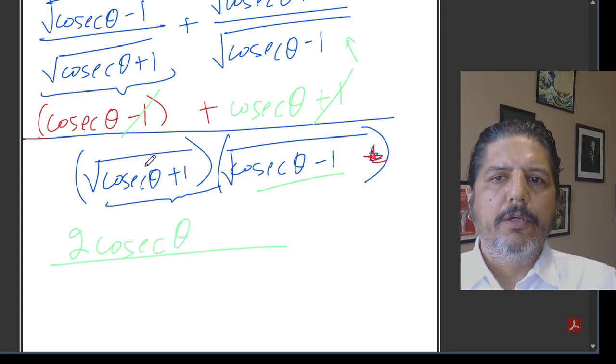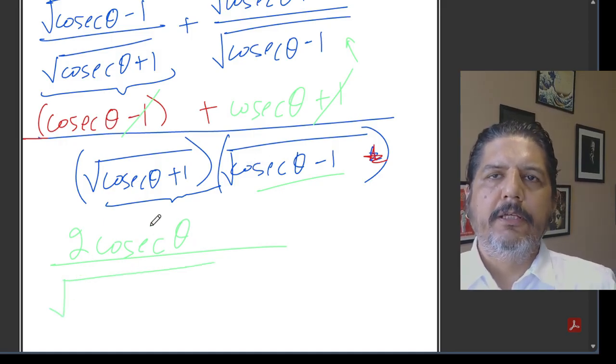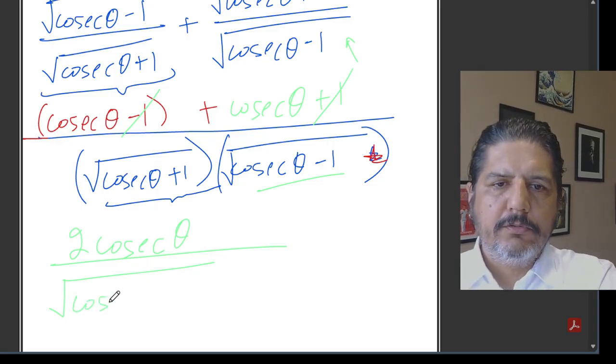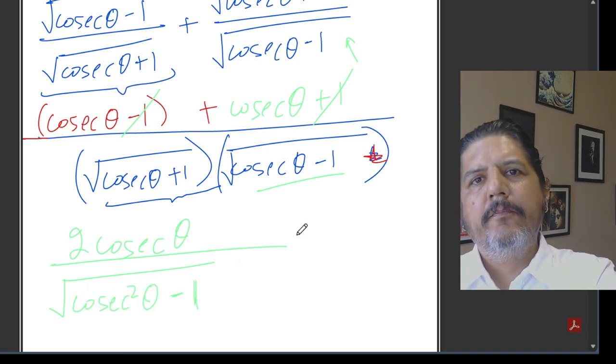upon. Now if I look at the denominator, this is a plus b into a minus b. A plus b into a minus b is a square minus b square. This would be under that square root sign. So this would be cosec squared theta minus 1.